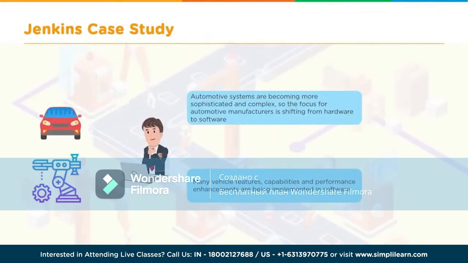And Ford just recently have rebranded themselves as a technology company rather than just an automotive company. What this means, though, is that the software within these cars is becoming more complex and requires more testing to allow more capabilities and enhancements to be added to the core software.